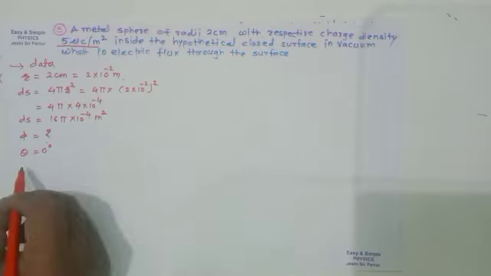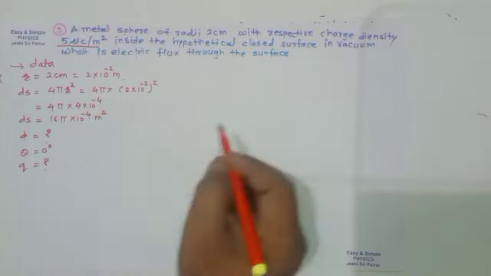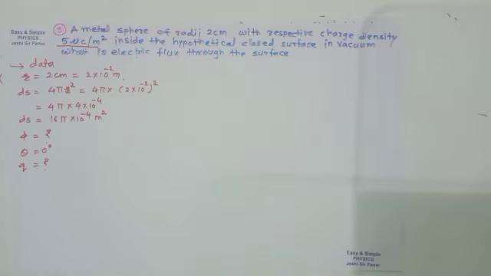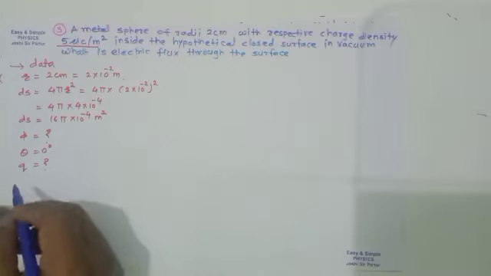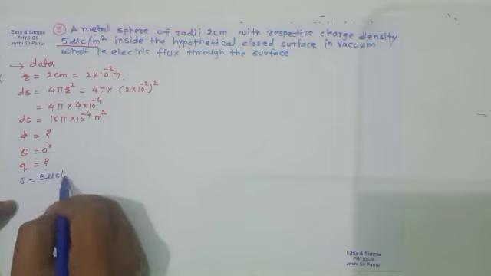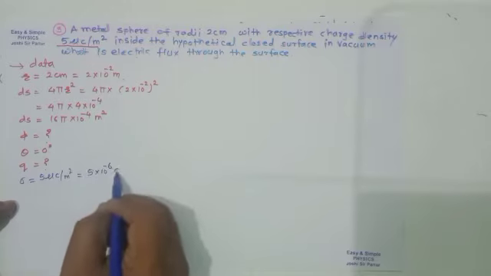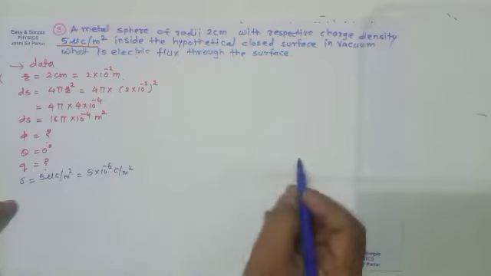So first we can find out the charge. Here we use the formula for surface charge density sigma, which is given as 5 microcoulomb per meter square, that is 5 into 10 raised to minus 6 coulomb per meter square.